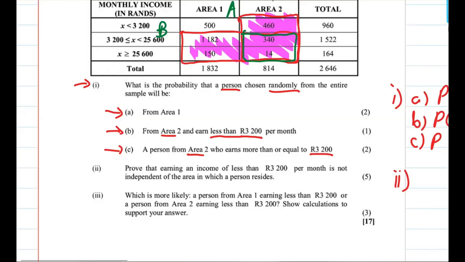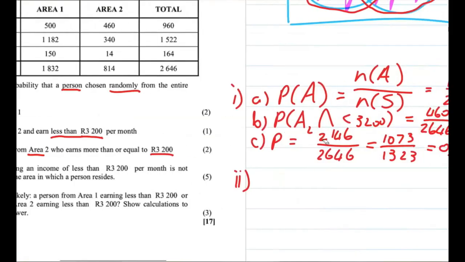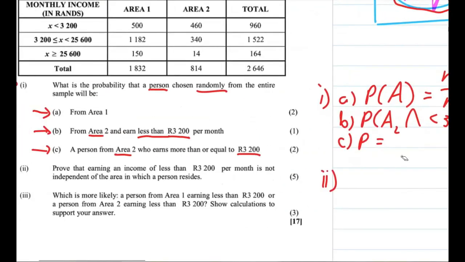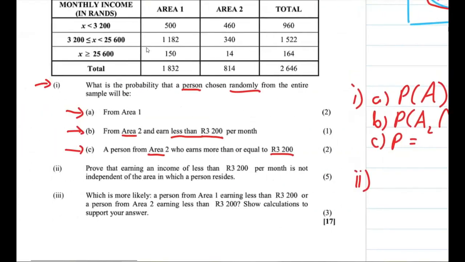So it's given that it's a person from area 2 who earns more than or equal to 3,200. So I think what they actually mean is area 2 and more than or equal to 3,200. Is that okay? Yes, sir.